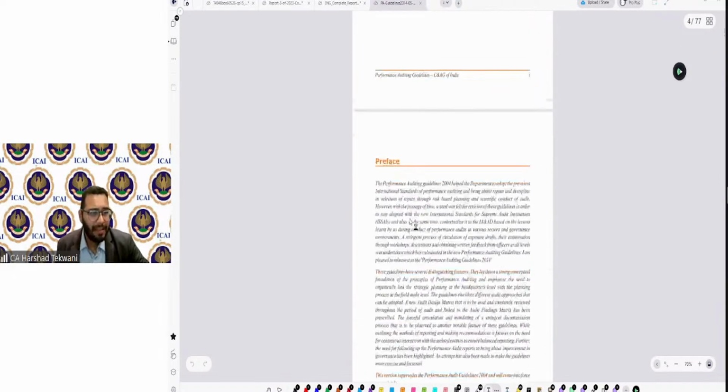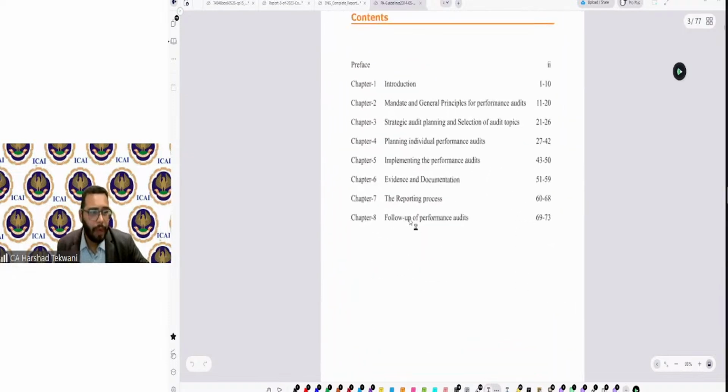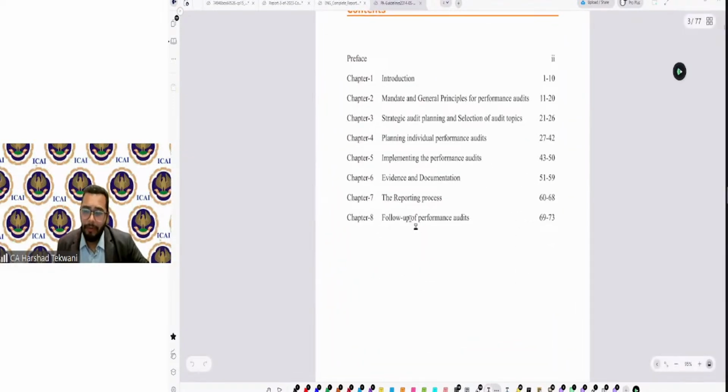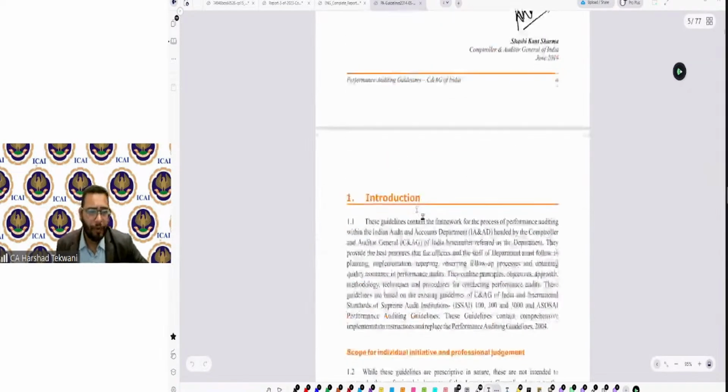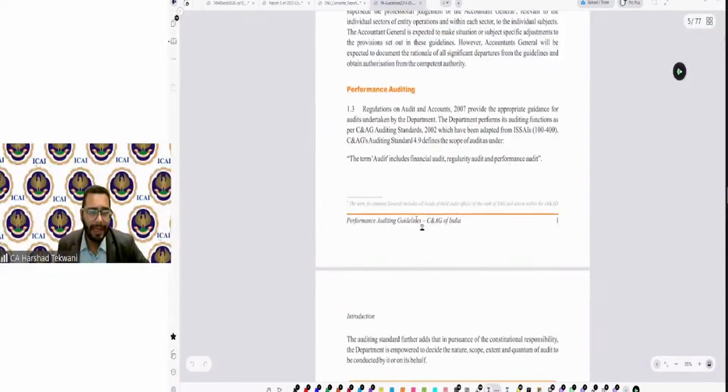These guidelines talk about general principles of performance audit, strategic auditing, planning and selection of audit topics, planning individual performance audits, implementing performance audits, evidence and documentation, reporting process, and follow up on performance audit. So let's understand a few things out of these guidelines.